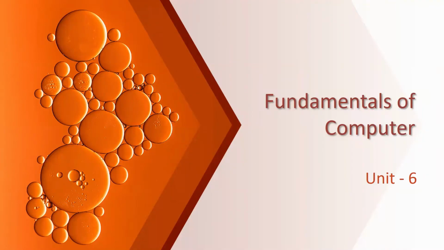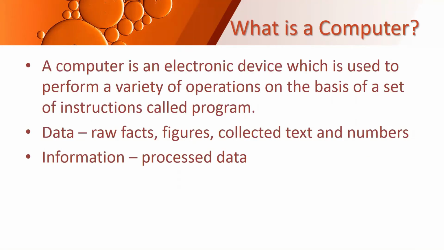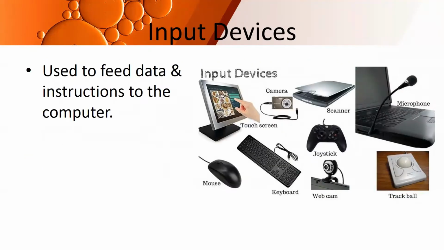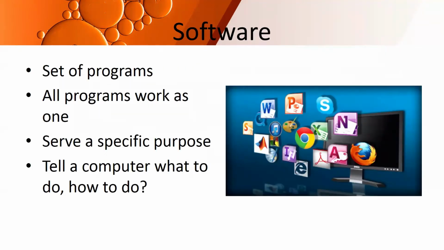We had started with fundamentals of computer, where we had defined what is a computer. It's an electronic device. We had discussed data and information. Data represents raw facts or figures, collected text and numbers which are collected over a period of time, and information is processed data. Then we had discussed hardware, input devices, output devices, software.